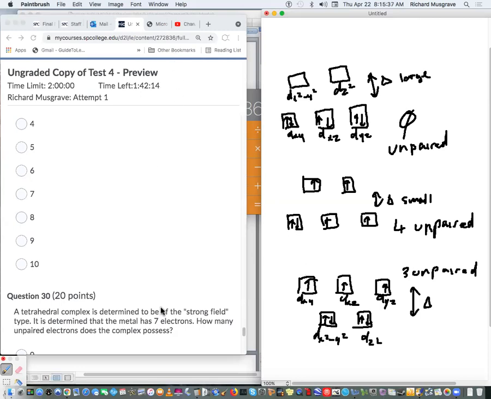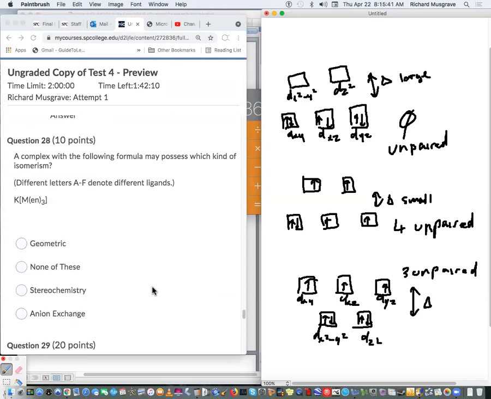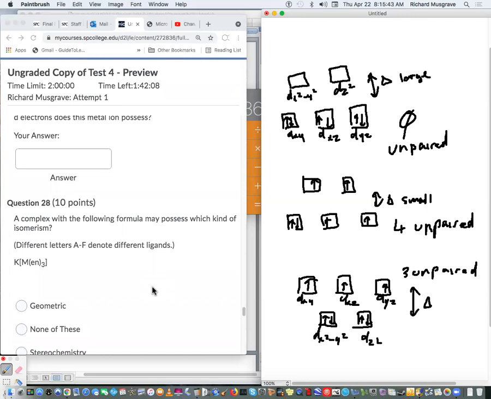Okay. Well, that's all the coordination chemistry, crystal field theory type questions that you're going to see on the test. Does anybody have any other questions about the coordination chemistry section?